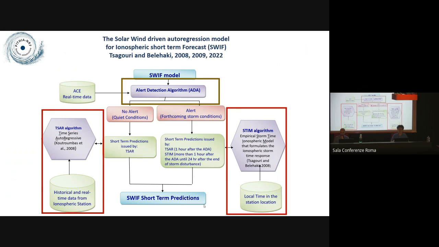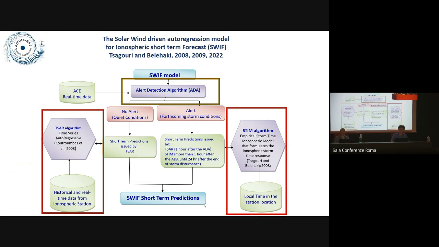This algorithm considers the measurements from the spacecraft at L1, analyzes the magnetic field component in the solar wind, and based on some specific criteria, provides a storm alert.